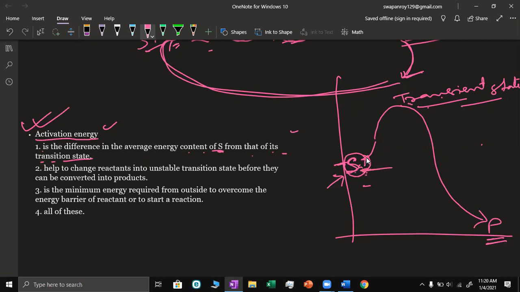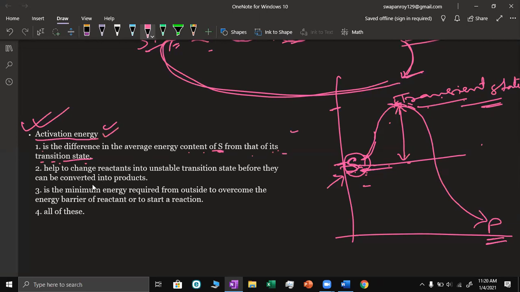For the chemical reaction to take place, the energy level should increase. This is the energy at the transition state. This difference from here to here is the required energy, and this energy is called activation energy.